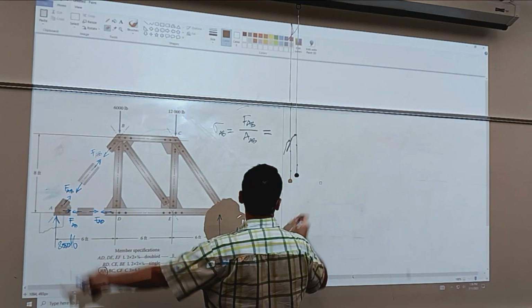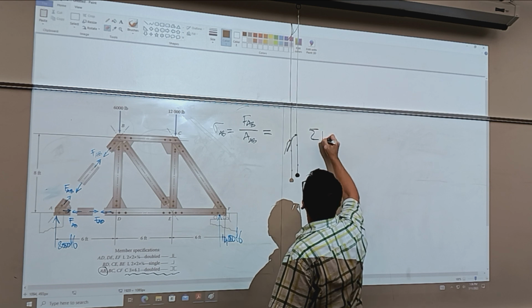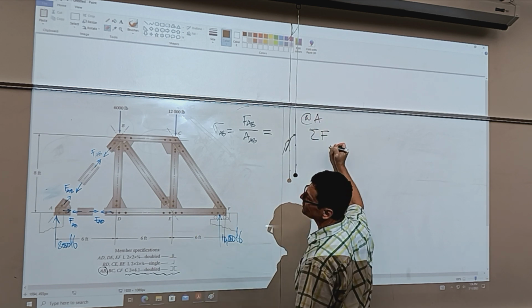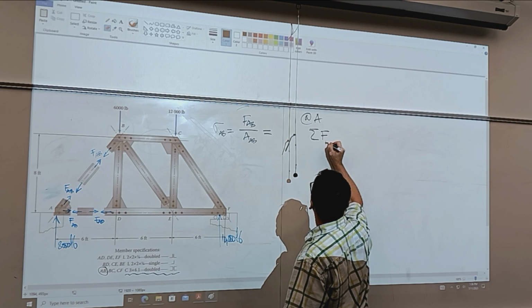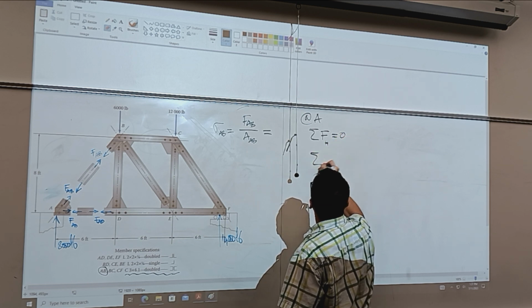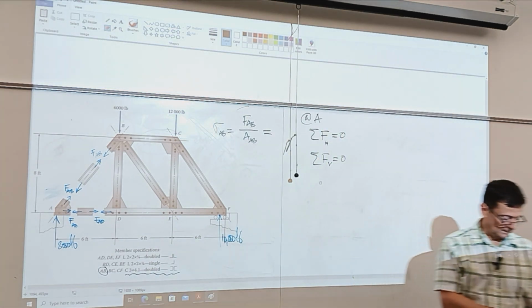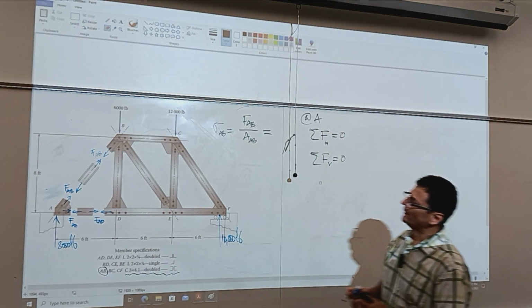Well, let's take care of the force itself. So I said we write the sum of forces at A: sum of forces in the x or horizontal direction equals 0, and sum of forces in the vertical direction equals 0, again at A. So what do we have?